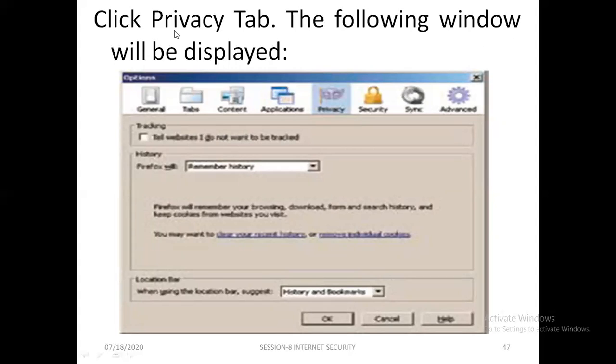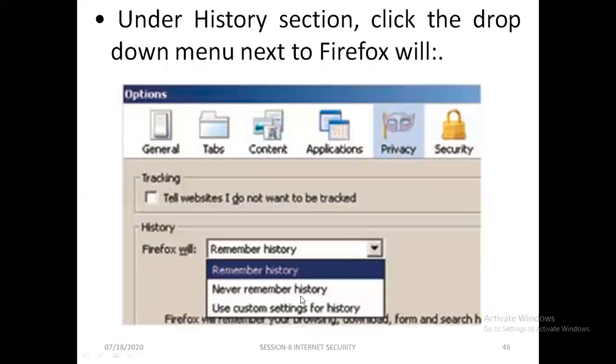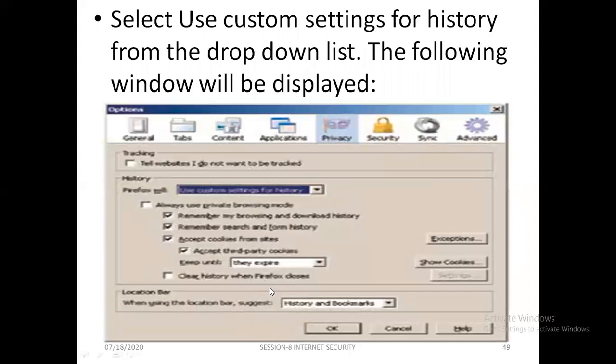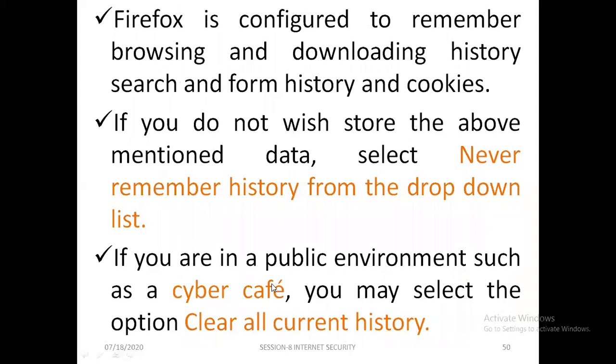We can also click the Privacy tab. The following window will be displayed. Under History, three options are shown: remember history, never remember history, and use custom settings for history. You need to choose never remember history if you don't want your web browser to remember your history-related information.